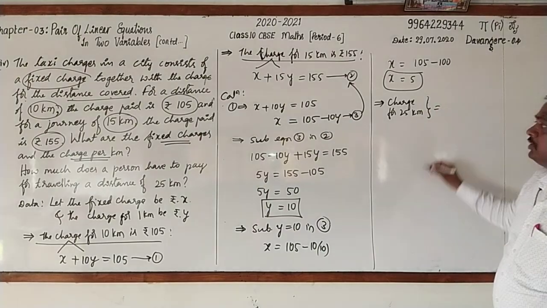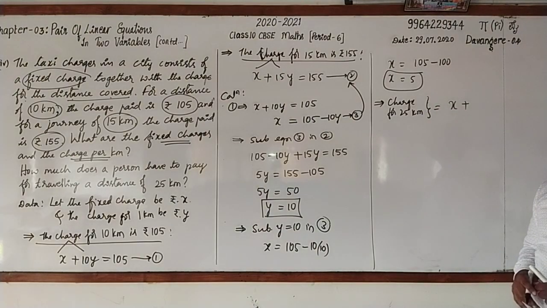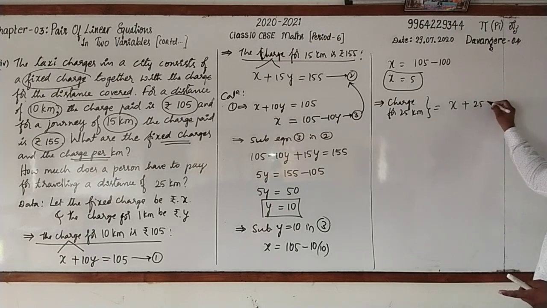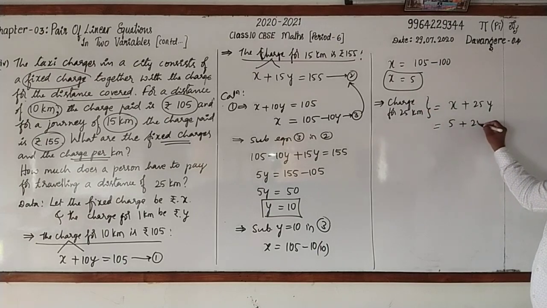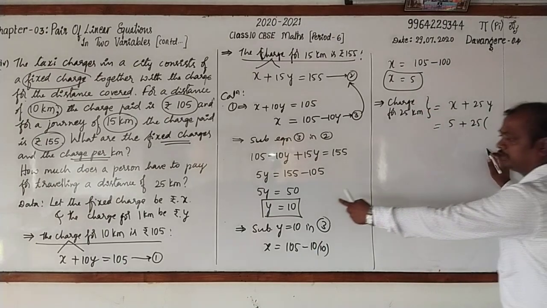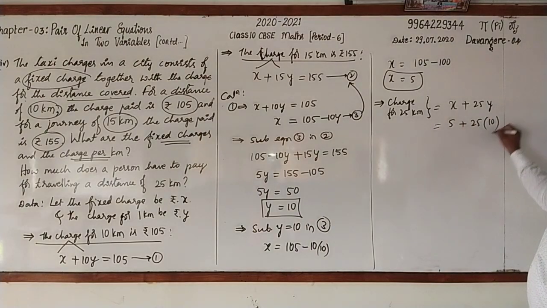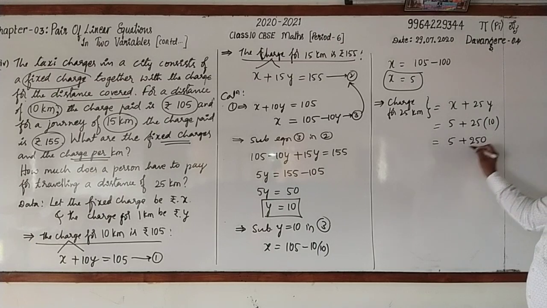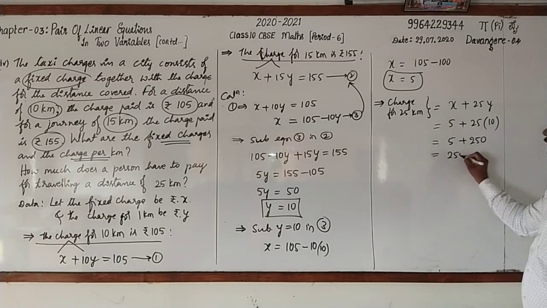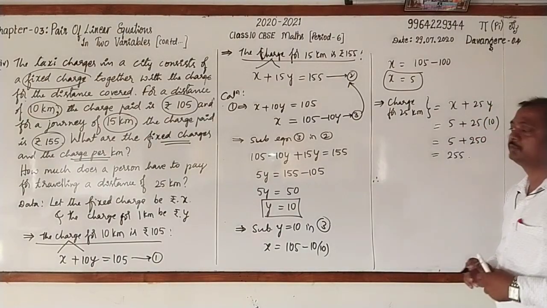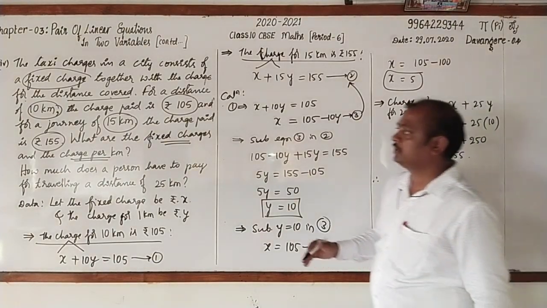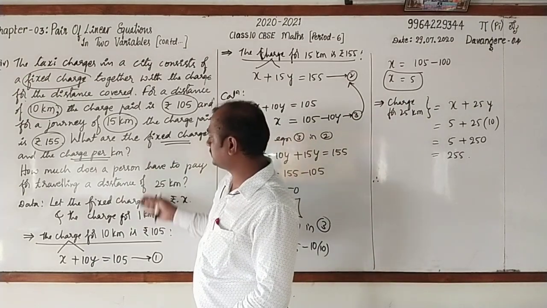It is equal to fixed charge X rupees, and for 1 kilometer Y rupees, for 25 kilometers 25Y. It's equal to 5 plus 25 into 10, which is 5 plus 250, 255. Got it?